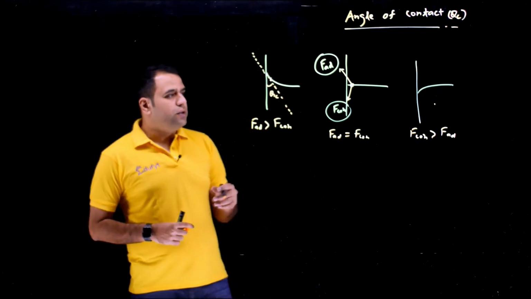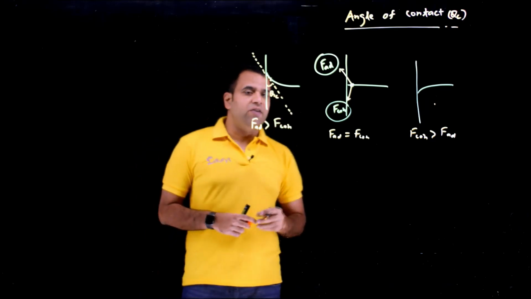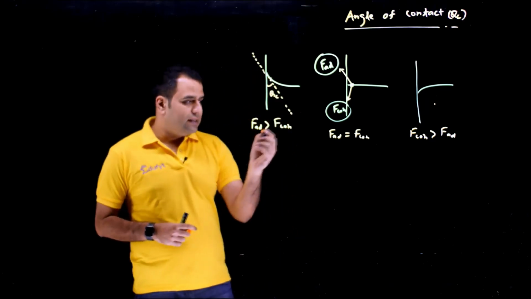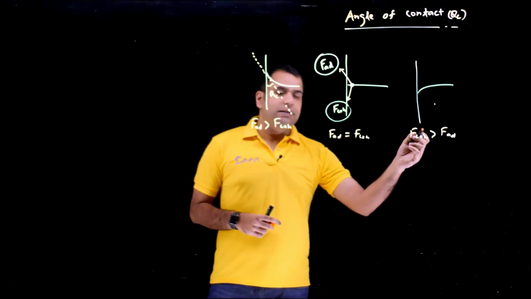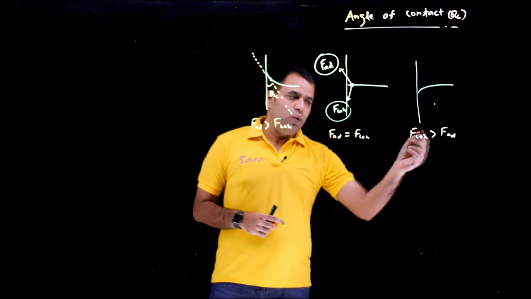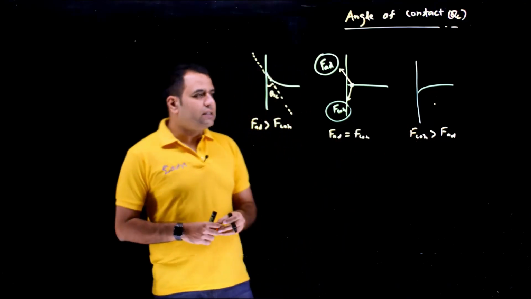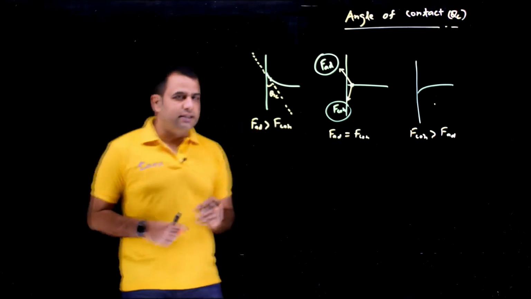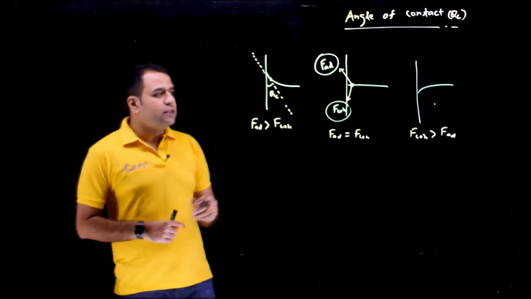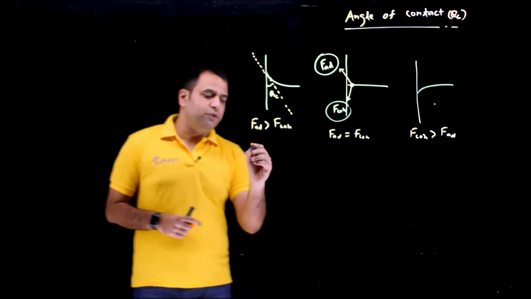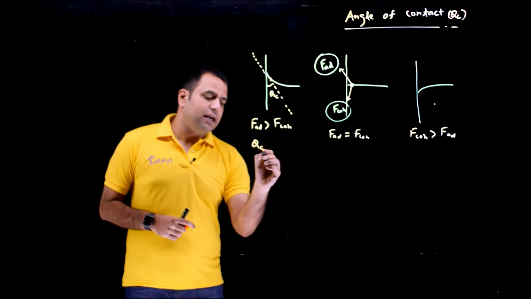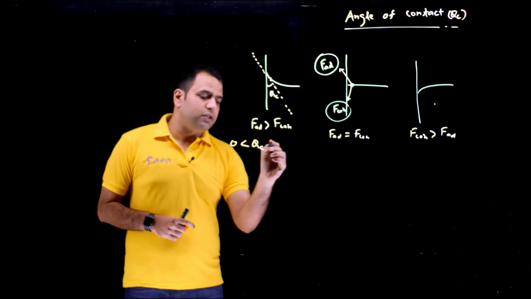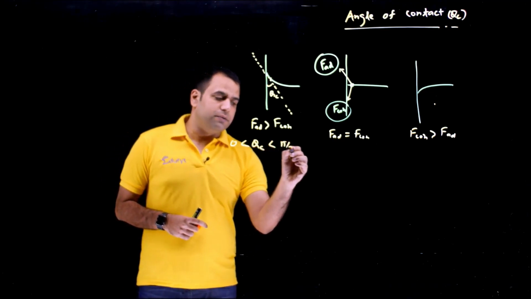In some cases, this theta c will vary from 0 to 90, like in this case. In some cases, theta c will vary from 90 to 180, and in some cases, theta c will be equal to 90. One by one we'll study this. First, when the adhesive force is more than the cohesive force, the angle of contact theta c will be more than 0 but less than pi by 2.